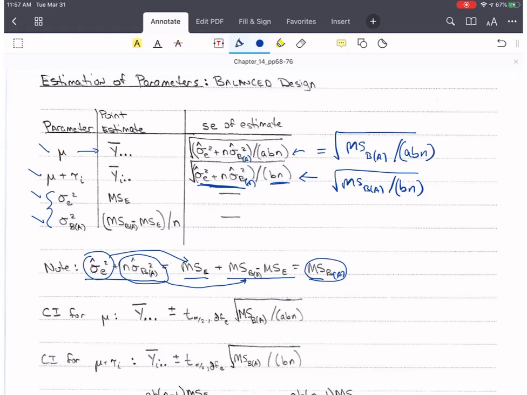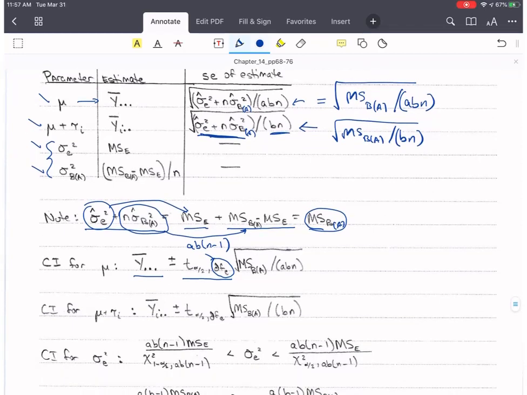So now we have the standard error, let's look at the confidence intervals. For mu, we have y dot dot dot bar plus or minus t alpha over 2 and the degrees of freedom from our error. And if you remember, this is A times B times (n minus 1), and for our example, it was 60. And so we have MSB nested within A divided by A B n in the square root.